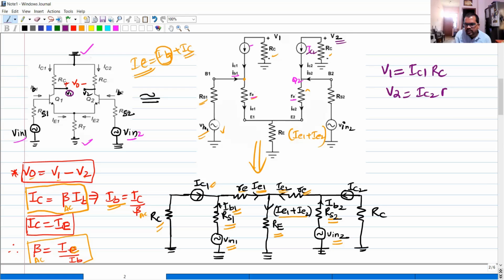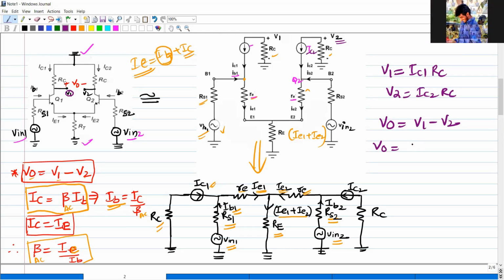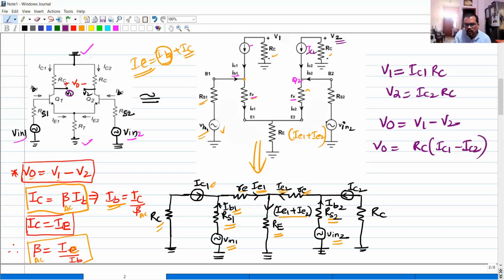Now here I have written V0 is equal to what? V1 minus V2. What is V1 here? IC1 RC. So I take RC common, that is IC1 minus IC2, remember.